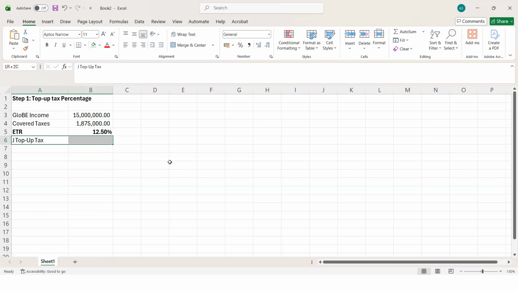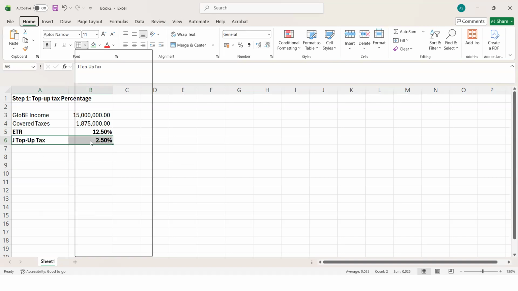Can you give me a few answers in chat? What is going to be my jurisdictional top-up tax? Absolutely. So it is going to be nothing but 15% minus my effective tax rate, and that is 2.5%. Okay, this is going to be my jurisdictional top-up tax.